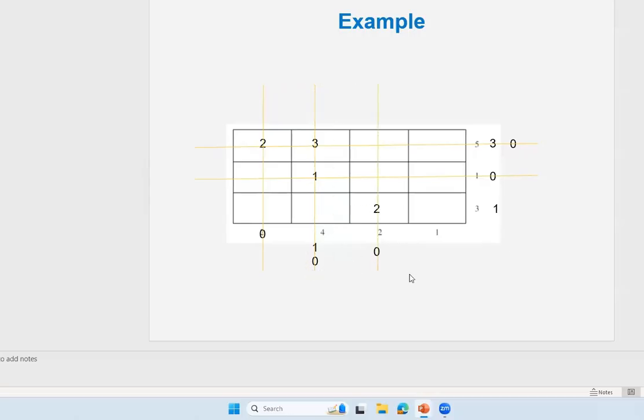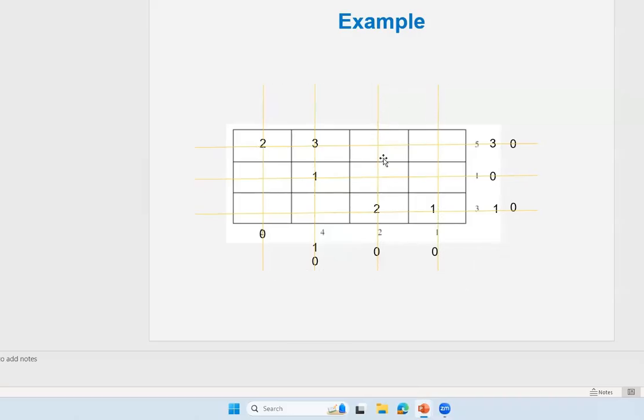Remove it. And then your tableau is reduced to only this cell. 1 and 1. Minimum of the 2 is 1 over here. Both become 0. Done. It's finished.